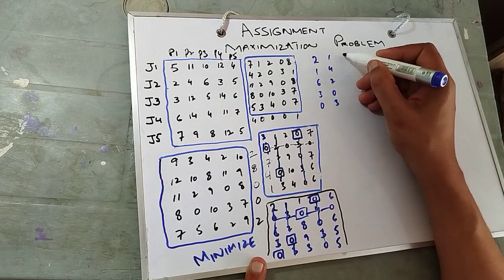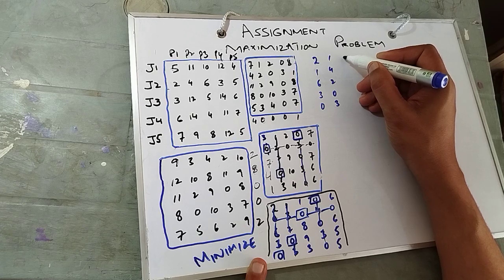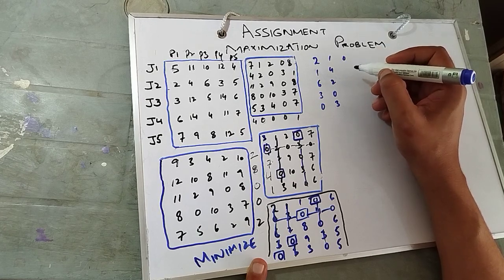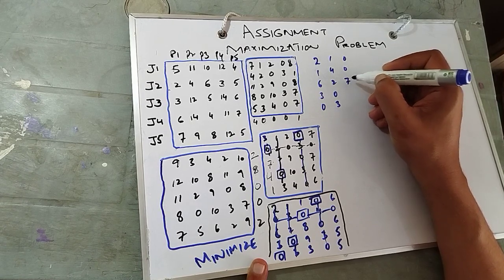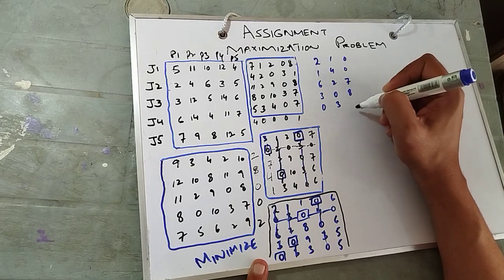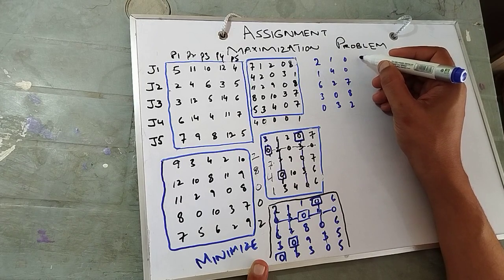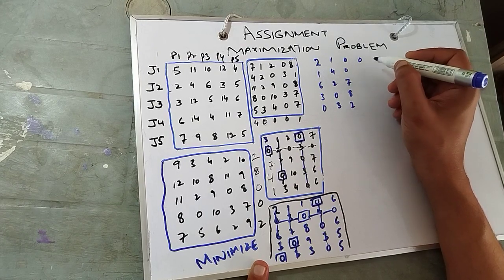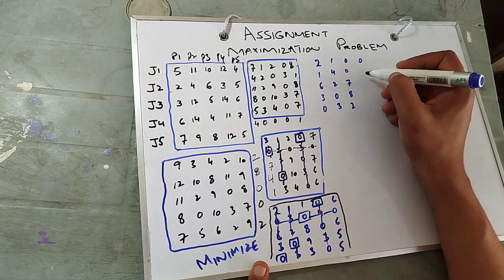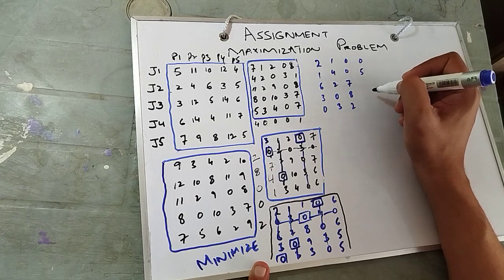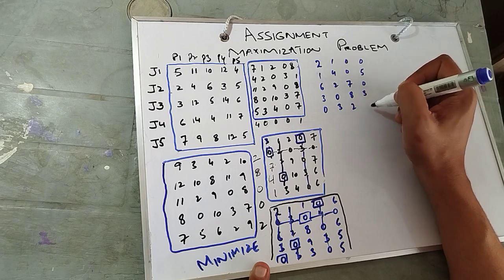Next is 1, will be reduced to 0. Okay, 0 would be same. 7 reduced to 7, 8, 2. 0 would be again 0. The intersection we saw it 4, so 4 would be 5, and other elements would be same as before.